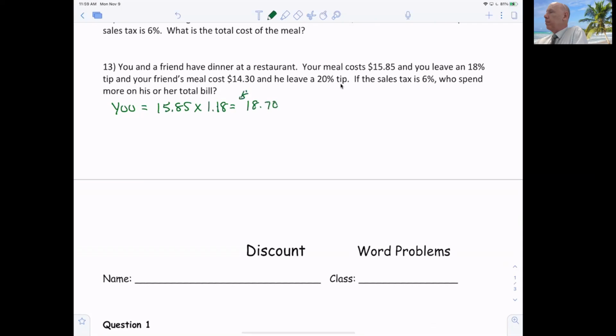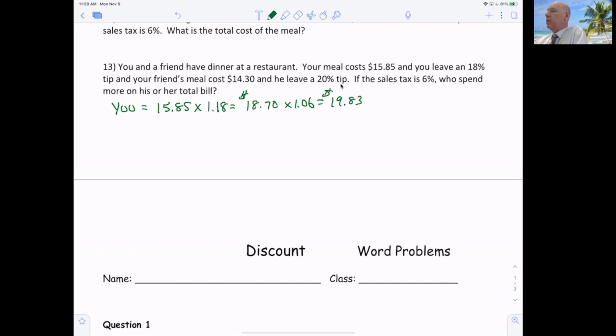Okay. Tell me what that is. 19 point what?